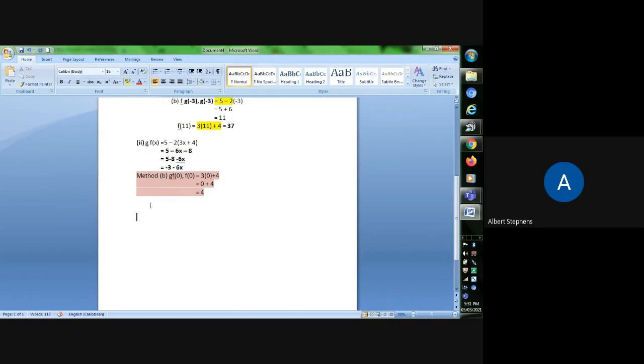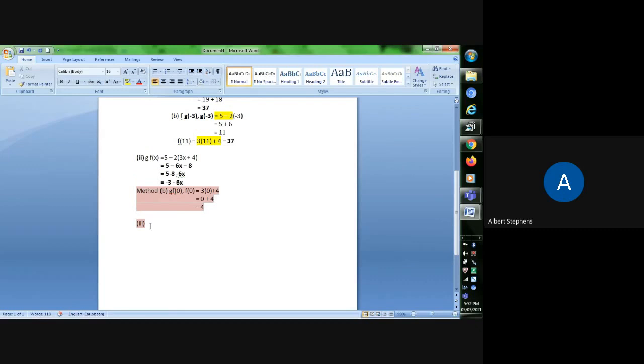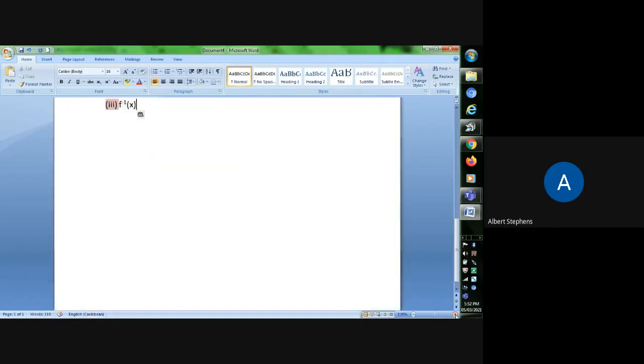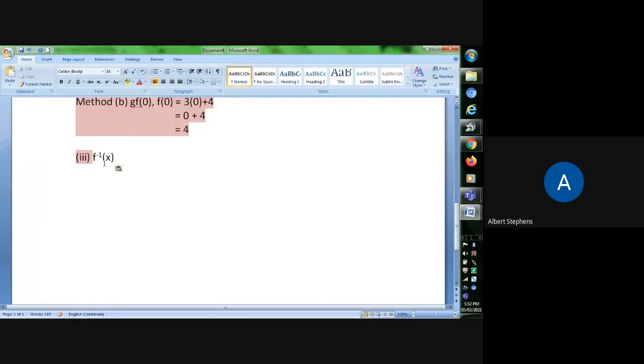I don't know what's happening here. Okay, so part 3. Find F inverse x, right? So pay attention.